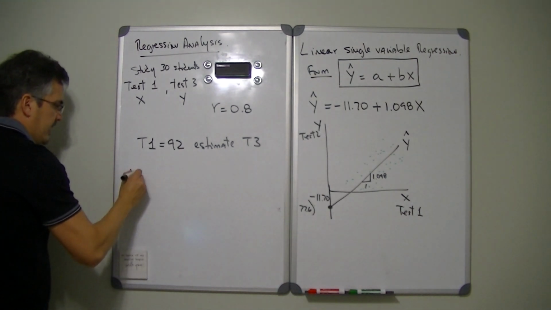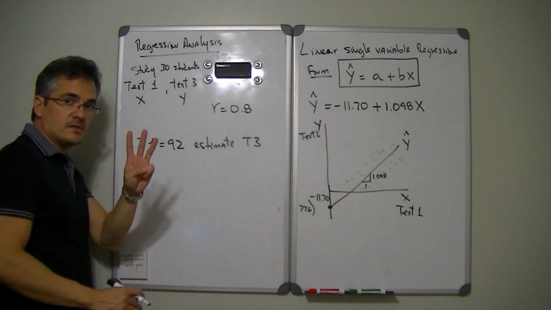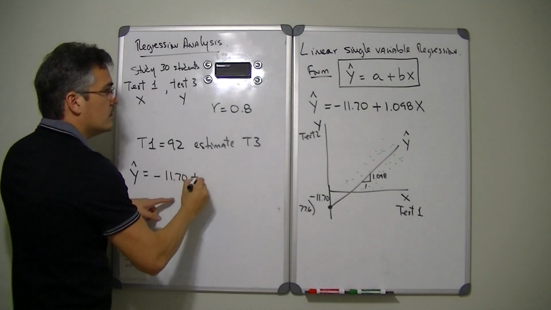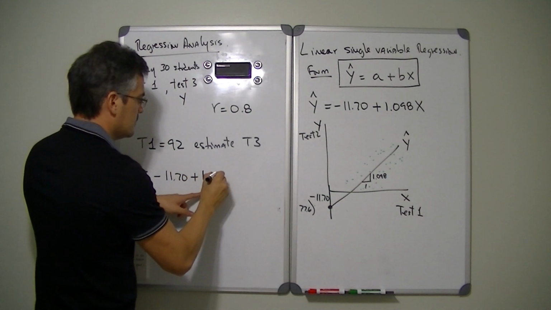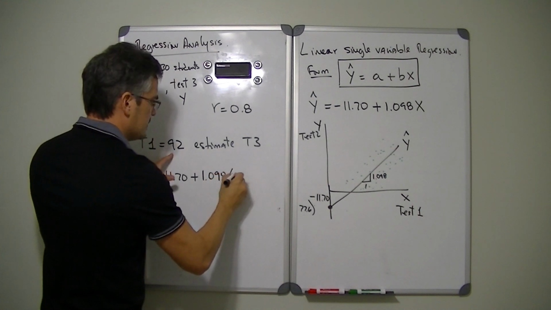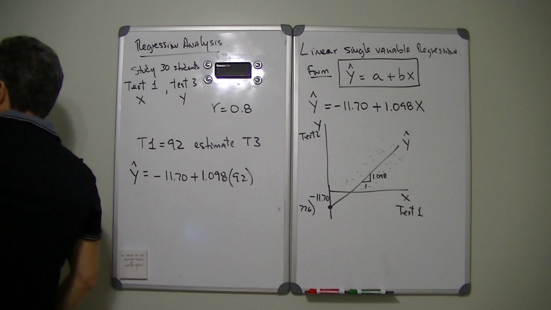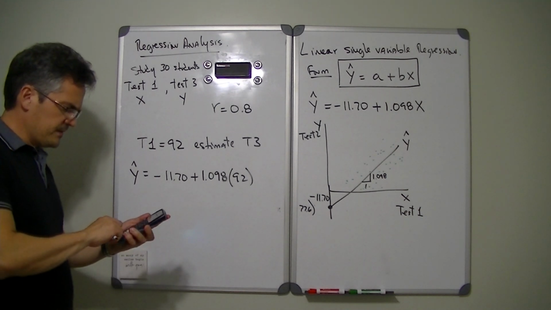So my estimated test 3 score is going to be equal to negative 11.70 plus 1.098 times the 92 that I got on test 1. So let's figure out how much that is.